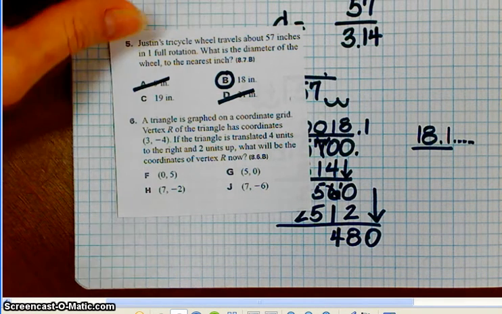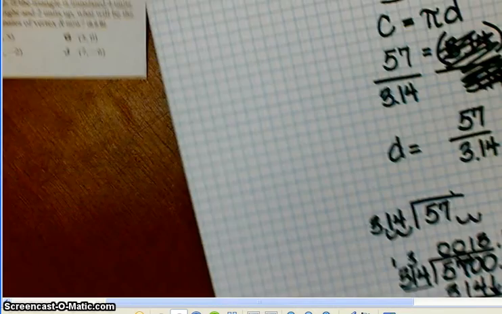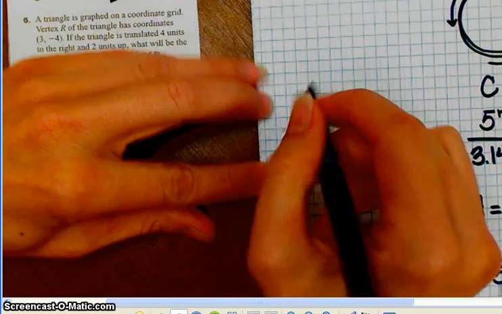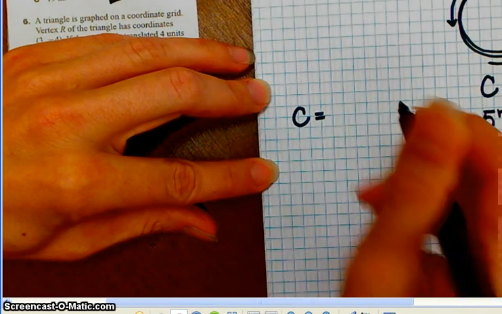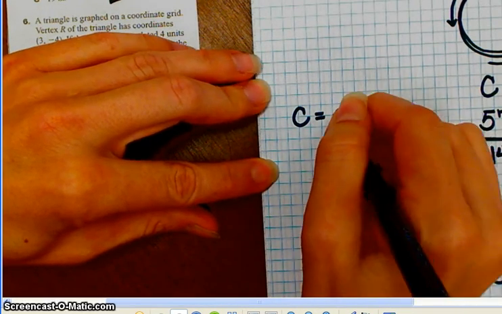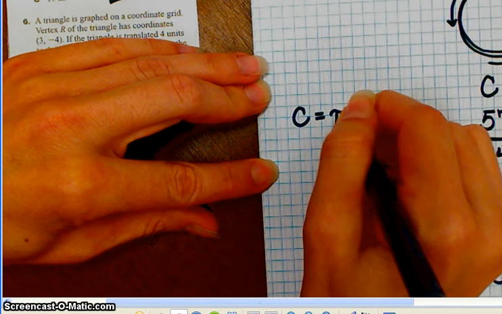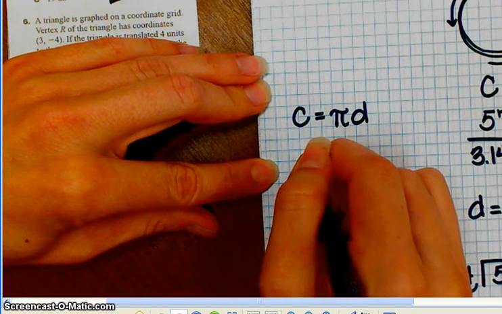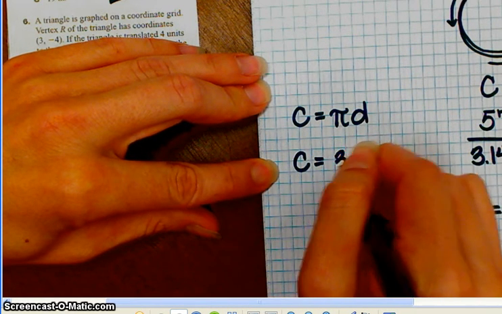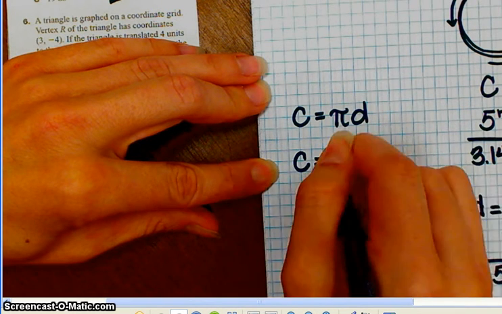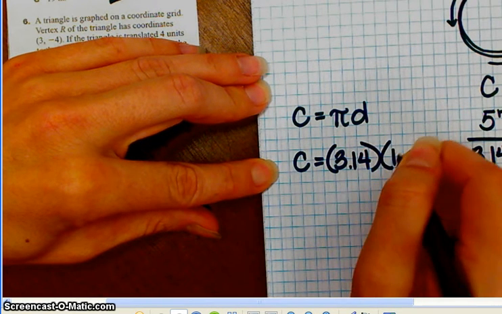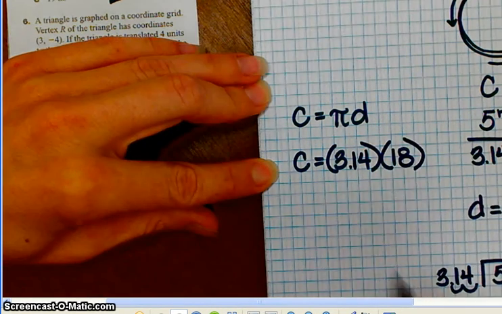I can check that if I want to go back and say, let's double check and make sure that I get something close to 57 for the circumference. Circumference is pi times diameter, and that's going to be 3.14, and we'll just round it to 18. We'll see how close we get.